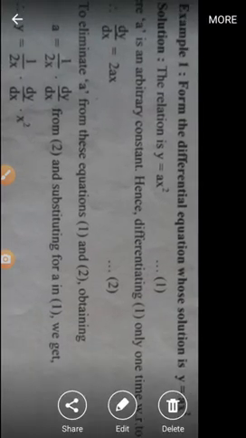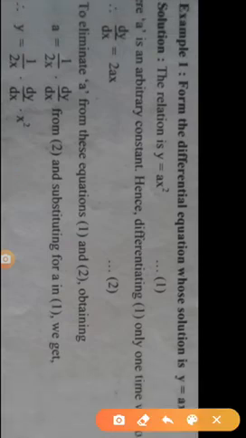Example number 1. Form the differential equation whose solution is y equal to ax square.